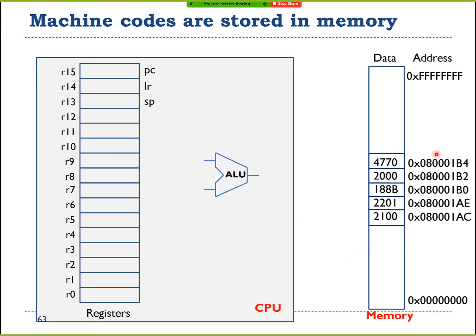Okay. So let's see an example of how these machine codes are stored in the memory and executed. Initially, this is our CPU, and inside our CPU we have our registers, and we have our arithmetic logic unit that does the operations, and we have a memory that stores our instructions.